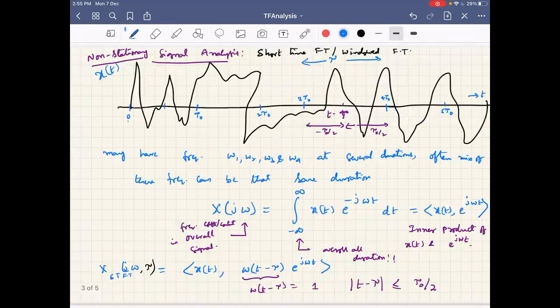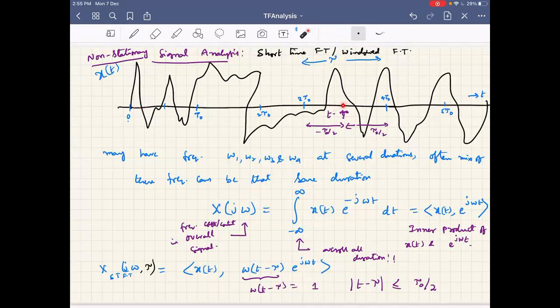What do we mean by localizing the information in time? That means if I give you a frequency omega naught, x of j omega naught, at what time has this frequency x of j omega naught occurred? That is the ability to localize in time. Localizing in frequency means if I give you an x of t, at what location, at what time, what are the frequencies at the given x of t?